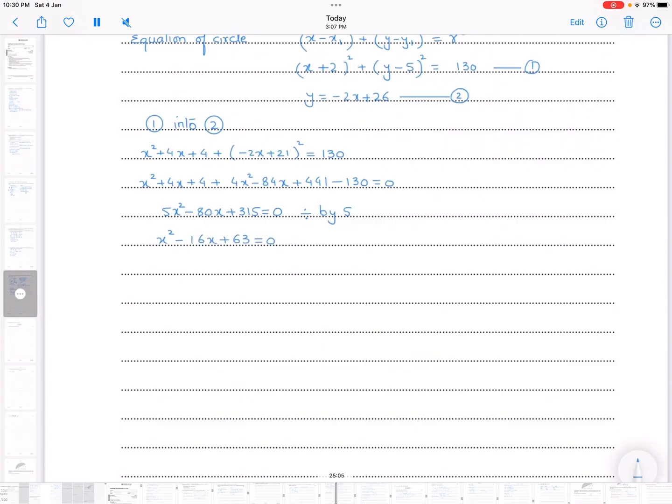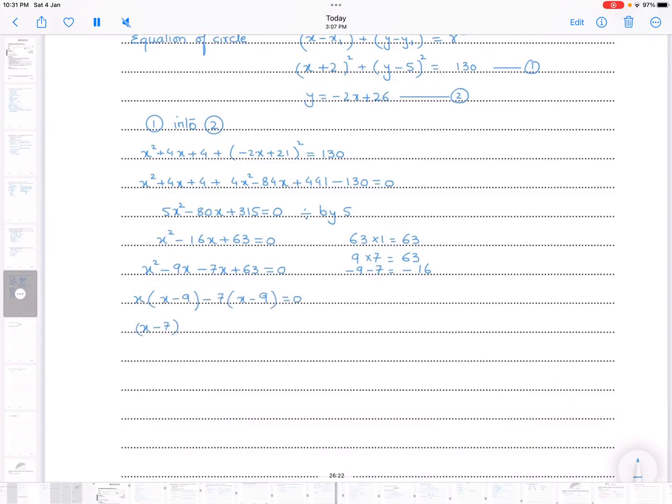Now factorize it. Factors of 63 are 9 into 7. Use -9 and -7 in the middle. So you get this value. So x equals 7 and x equals 9.